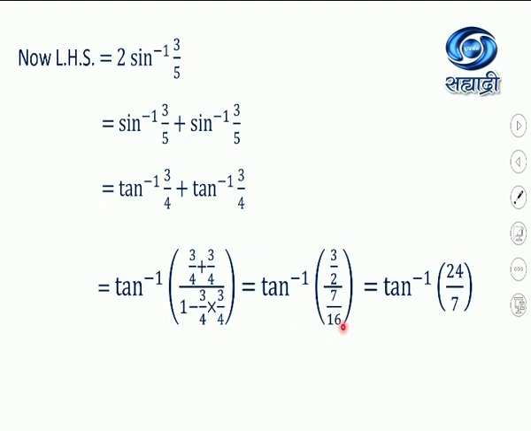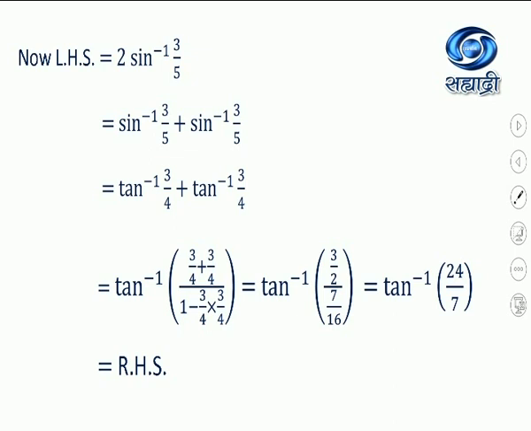Simplify this: the numerator, 3 by 4 plus 3 by 4 is 6 by 4, which is 3 by 2, right? And the denominator, this is 9 by 16, 1 minus 9 by 16 is 7 by 16. And if you simplify this, 3 by 2 multiplied by 16 by 7 gives you tan inverse of 24 by 7, which is equal to RHS.